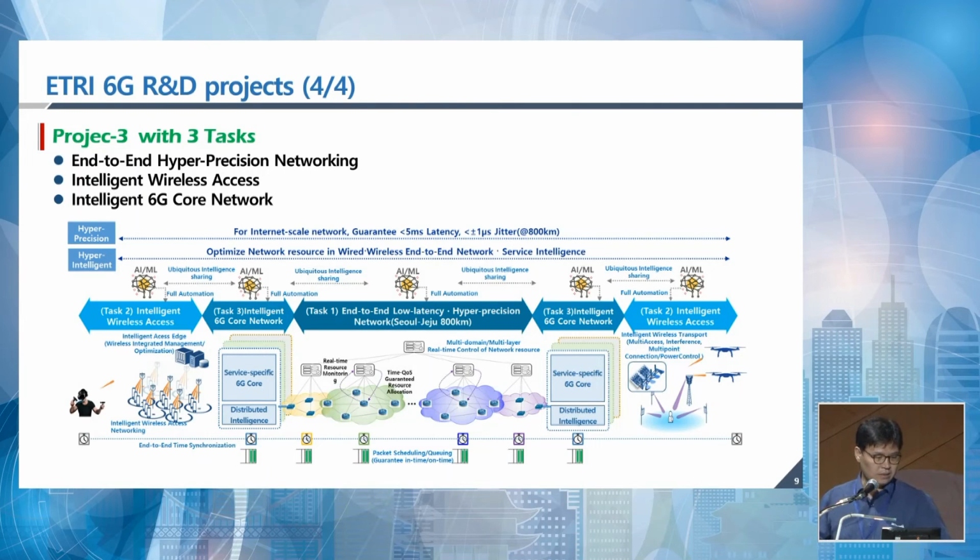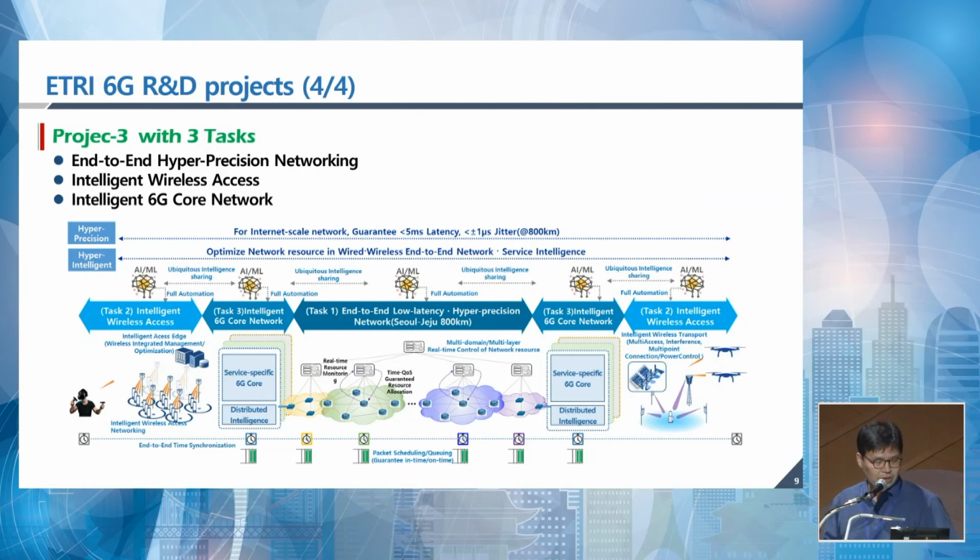The third project focuses on hyper precision and hyper intelligence. It includes 3 tasks. The first is end-to-end hyper precision networking, the second is intelligent wireless access, and lastly, the intelligent 6G core network. As you can see in the figure, for hyper precision, we're going to guarantee less than 5 millisecond latency and less than 1 microsecond jitter at 800 kilometers.